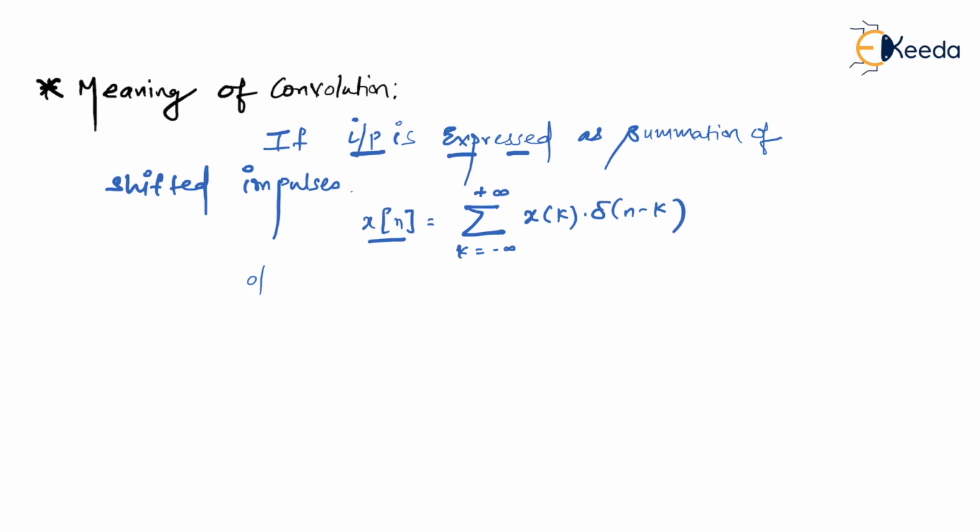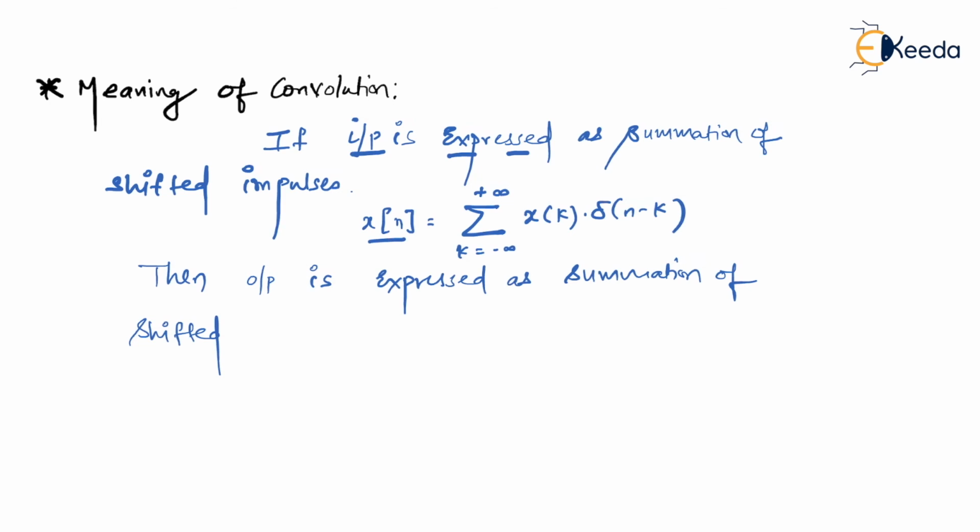In that case, the output is expressed as a summation of shifted impulse responses. So at input, if we have shifted impulses, then at output we will have shifted impulse responses of the individual inputs.